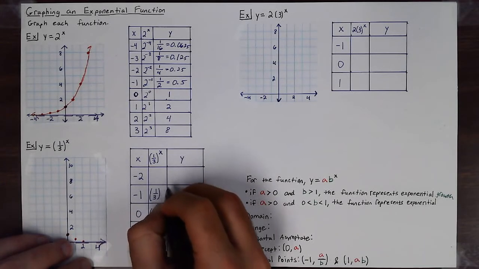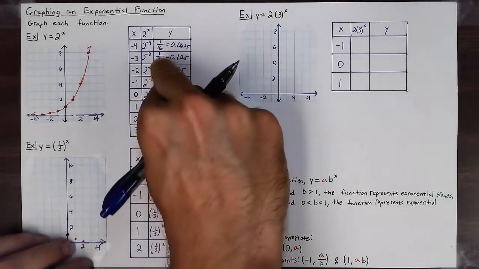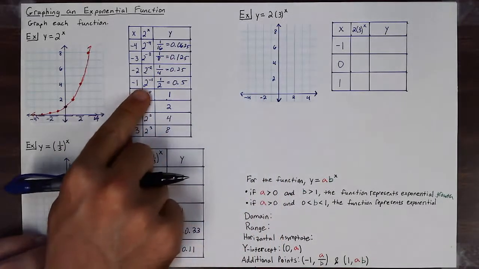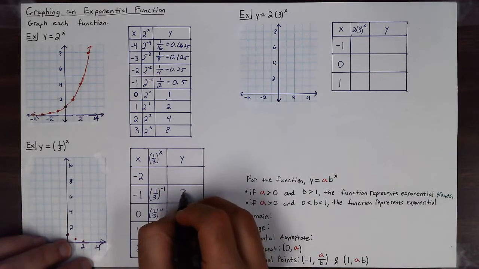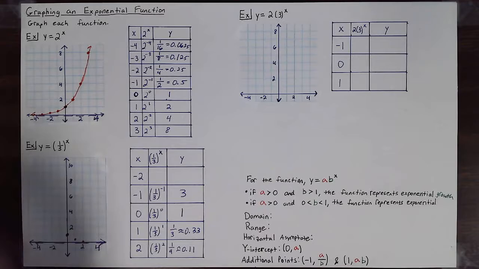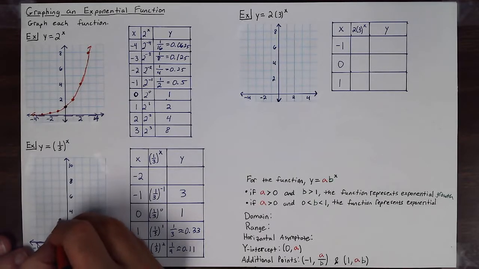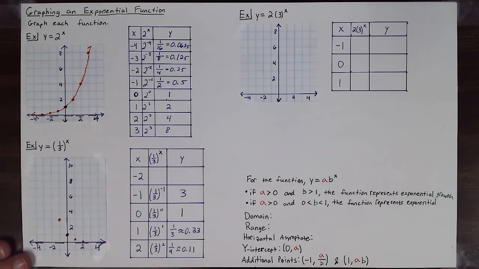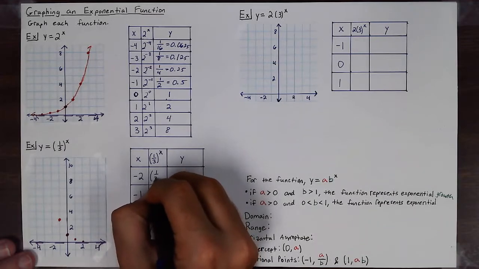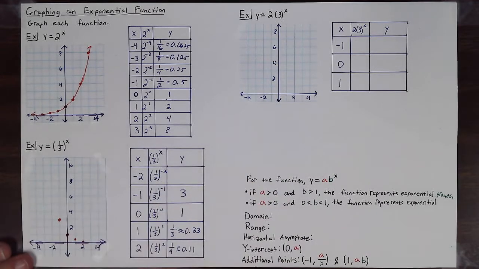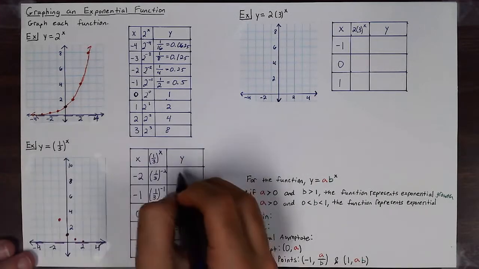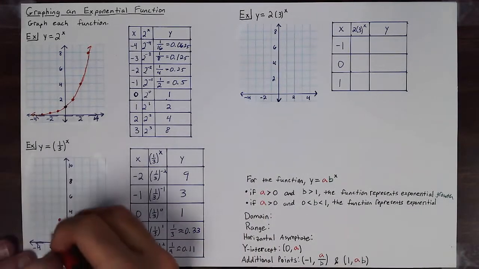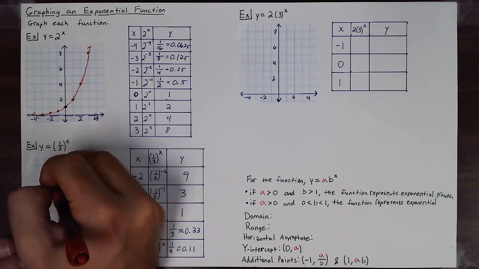One thing you can also think about with negative exponents is it uses the reciprocal of the number. So like 2 to the -1 was 1/2, the reciprocal of 2. So 1/3 to the -1 would be 3 over 1, 3. So at -1 it is equal to 3. And then when I do 1/3 to the -2nd power, that's going to be equal to 3 squared, which will be 9. So (-2, 9).